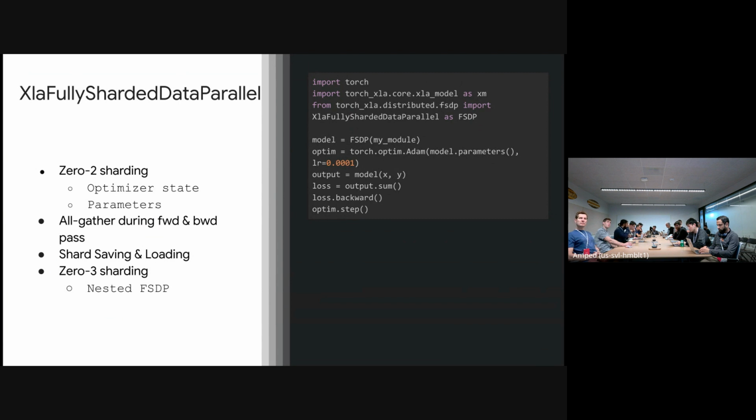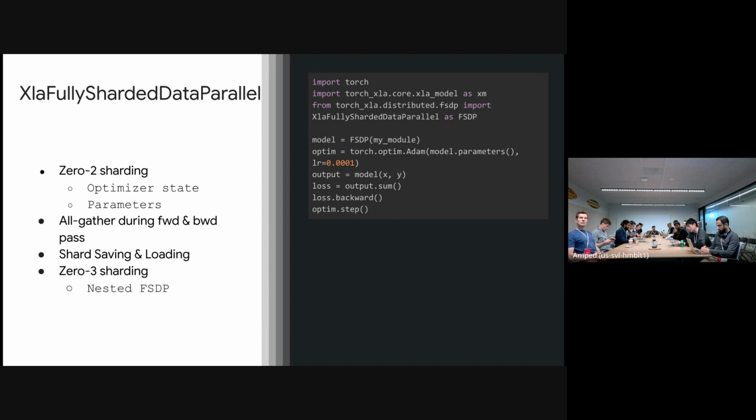Okay, so this is what we do. We could do the ZeRO-2, that is optimizer state and gradient sharding, with this approach, and we could also do this nested FSDP. So therefore we take it to the ZeRO-3 kind of optimization.